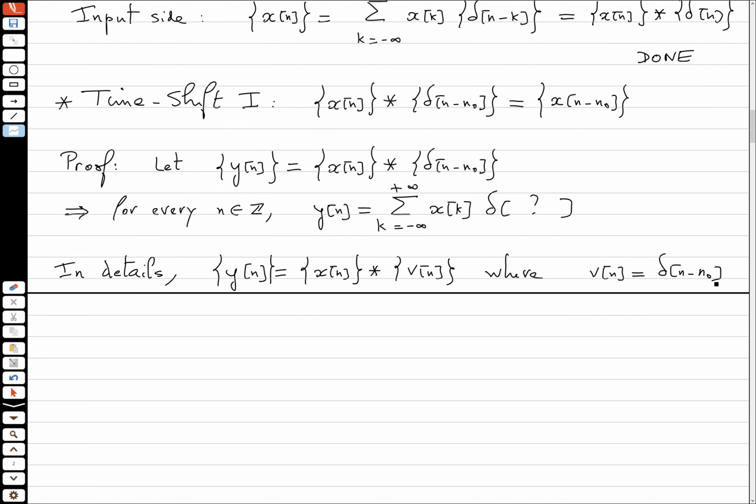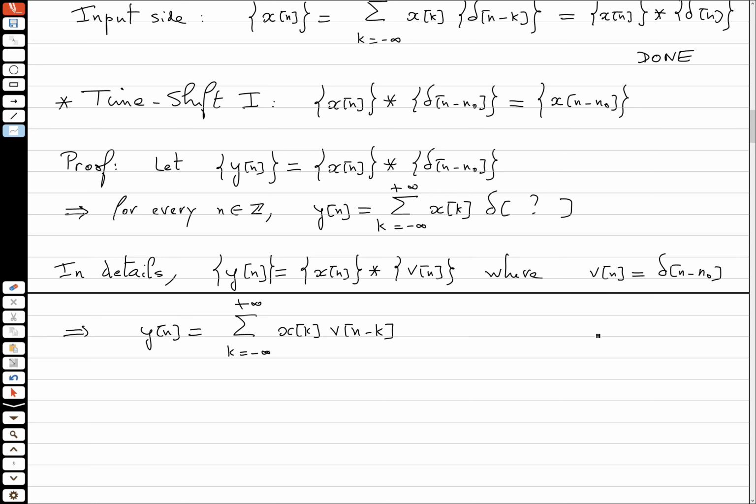And then y of n is the sum of x of k v of n minus k. When you write this, you know that you are not making any mistake. But v of n is delta of n minus n naught for all n.